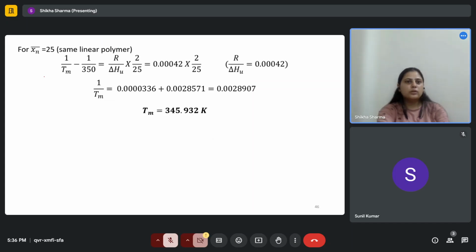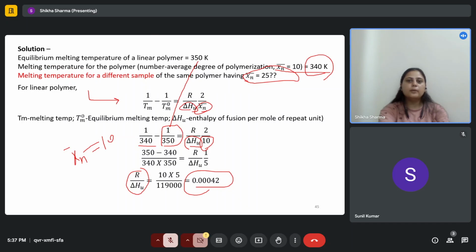So for 25, the value 1 upon Tm. So we need to calculate the melting temperature of this, minus 1 upon the temperature at equilibrium, which is 1 upon 350. 350 is given in the question here in the data.